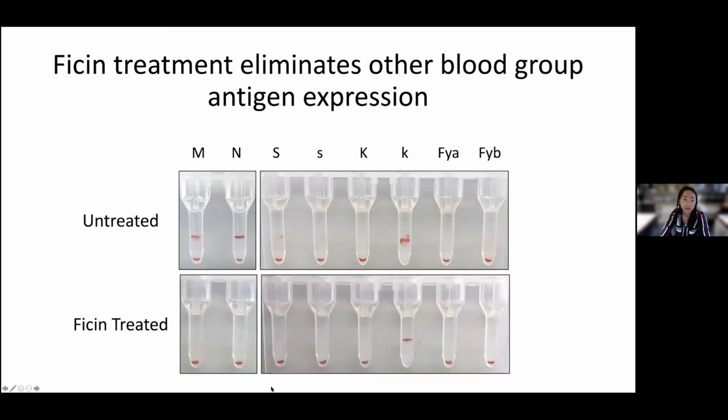But with Ficin treatment, we basically eliminated the MNS expression from the red cell surface, so it meant that the epitope was no longer there. The KEL stayed as we would expect, but the Duffys cleared up a little bit also. And what's nice about this is that it allows us to focus on the RH and KEL systems, which we already know are a little more pertinent for our patient population.